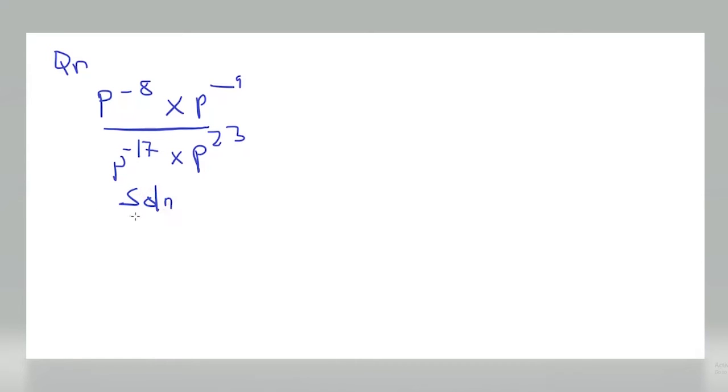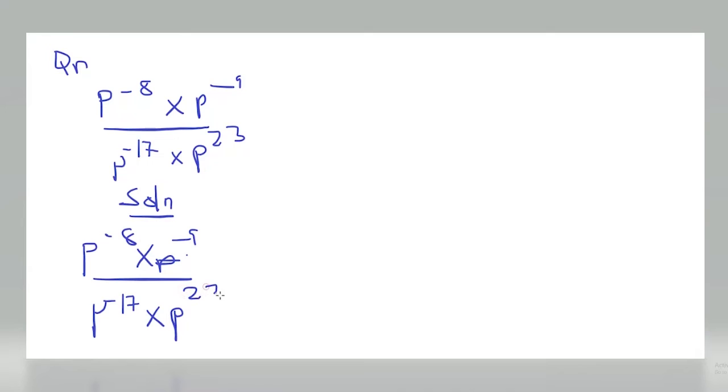Therefore this one can be written as p power negative 8, copying the expression, times p power negative 1, times p power negative 9 over p power negative 17 times p power 23.